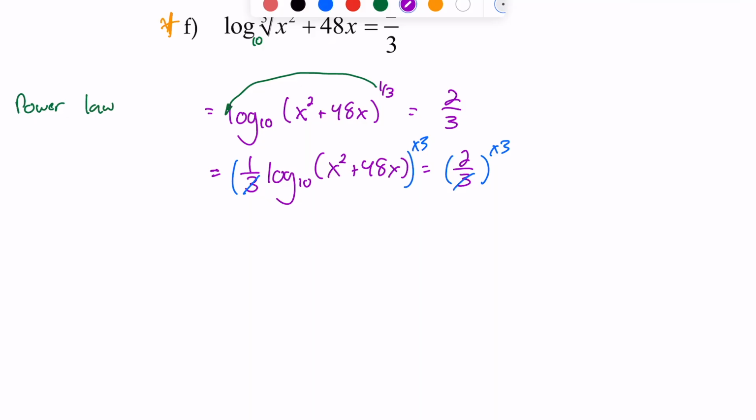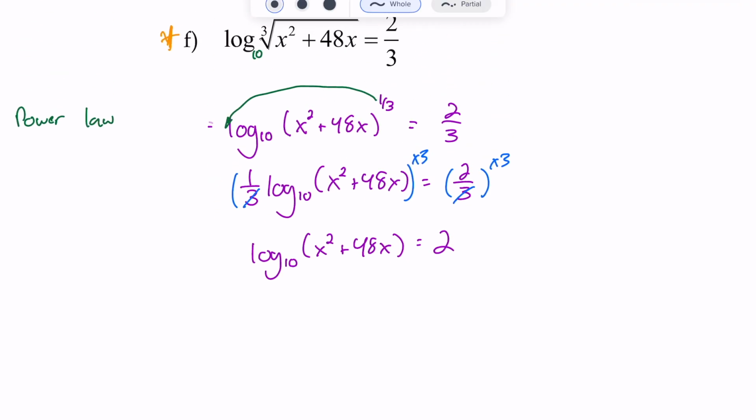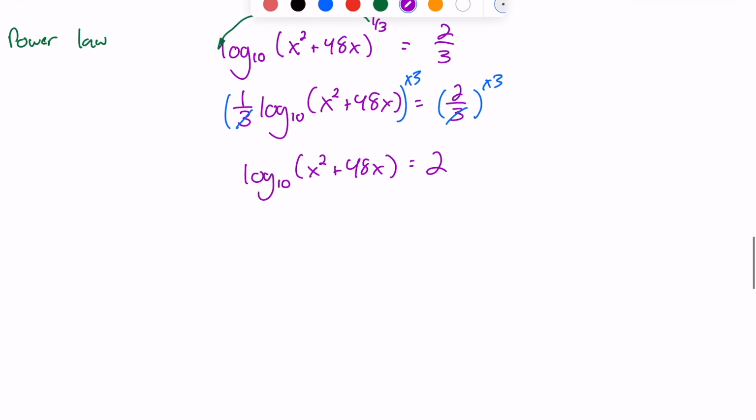So then I'm left with 1 times log base 10 of x squared plus 48x, and that's equal to 2. Oh, I have 2 equal signs. That is not the correct way to do math communication. Sorry. So I have log base 10 of x squared plus 48x equaling 2.